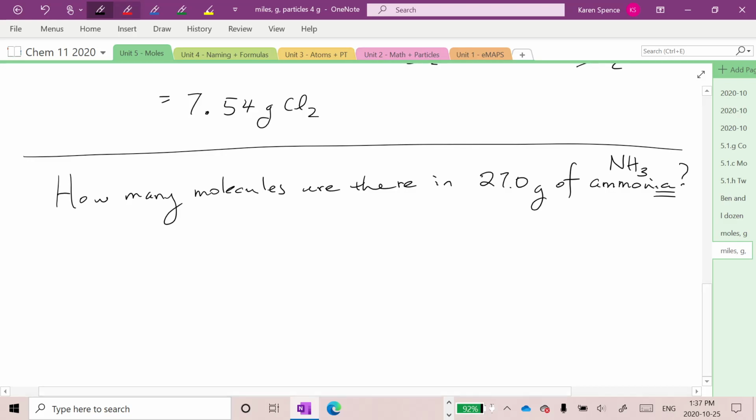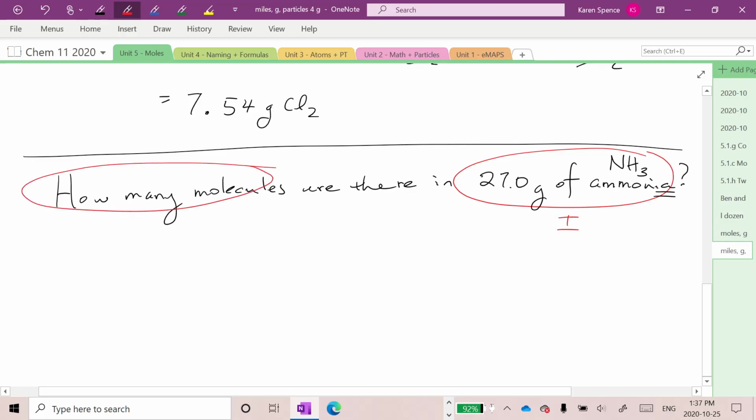Well, our initial quantity is 27 grams of ammonia, and our unknown is the number of molecules. And so we are then going to convert. Well, maybe I should do my map first. A map would be a good idea. So our map.